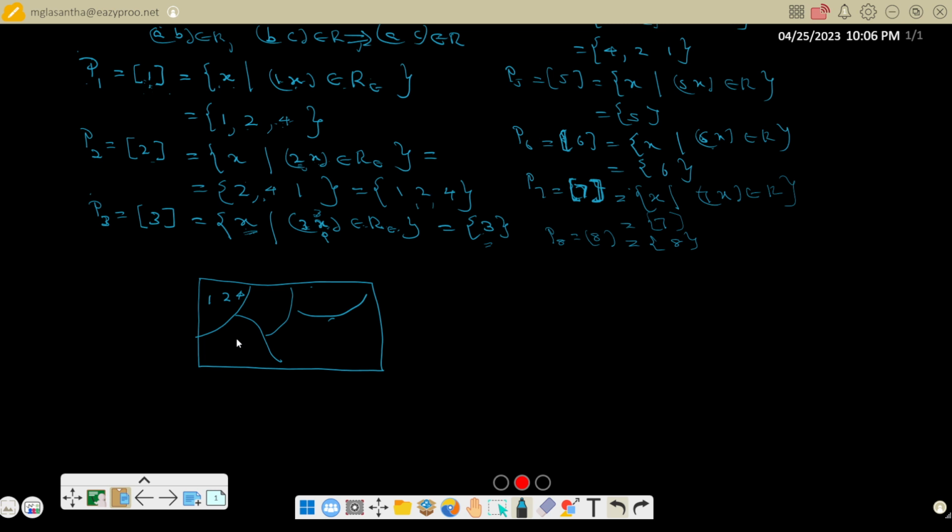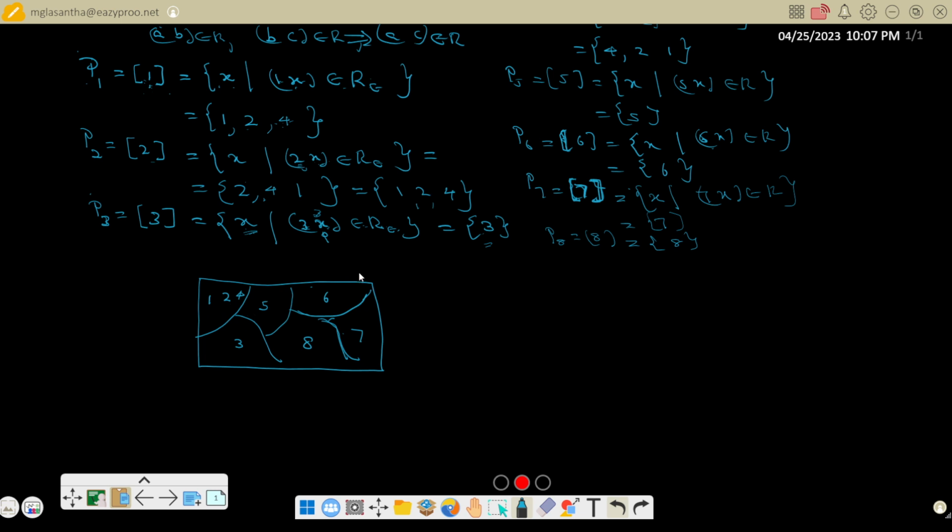Then 3, 5, 6, 7, 8, like that. So this is a partition. Why do we call it a partition? There is no intersection between these sets.